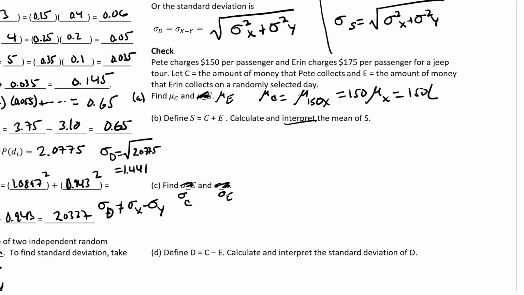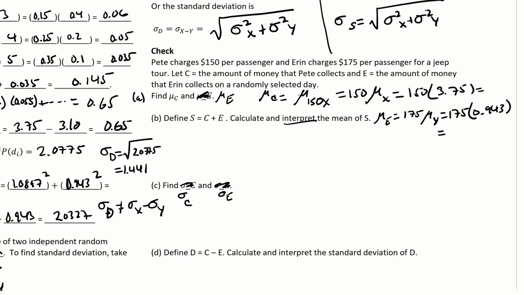And remember that Pete's mu was 3.75, and so we can get his from that. Now for Aaron's, it's 175y, so we can do 175 mu y. Remember that we had done this already. The mu y for Aaron was 0.943. So you're just referring to the previous notes. Then we can calculate that.